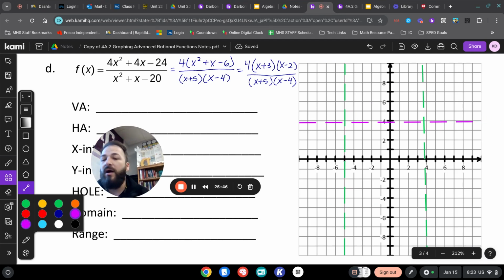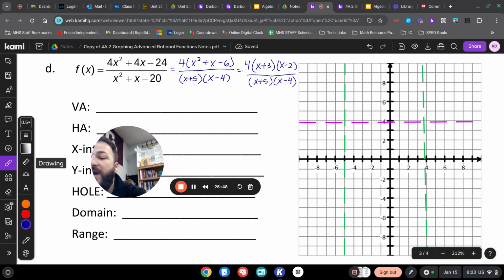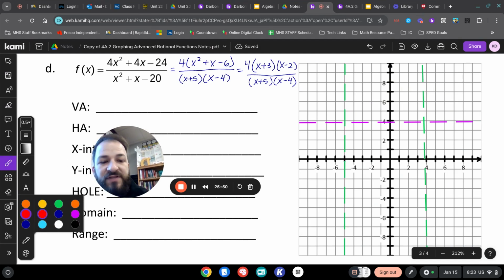Okay, and then our two x-intercepts were at -3 and +2. And our y-intercept was at 0.6, which is a little bit above 1.